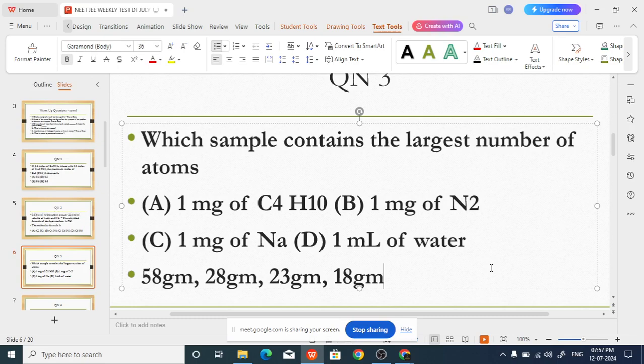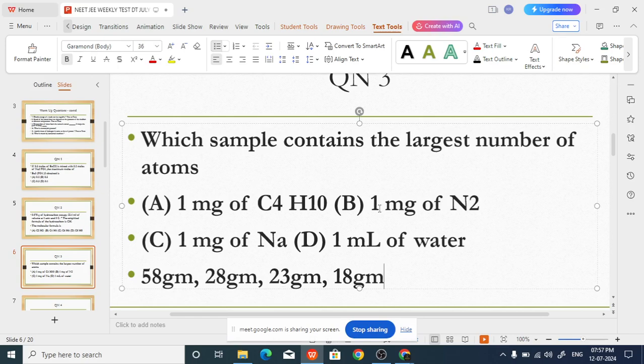Obviously option D, because 18 gram contains 6.023. For 1 milligram, how much will it contain? 6.023 divided by 18. Since 18 is the smallest number, that division will give the maximum number. So option is D.